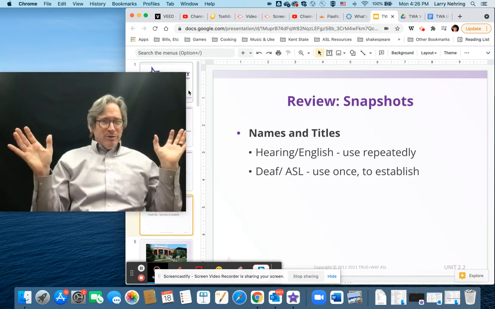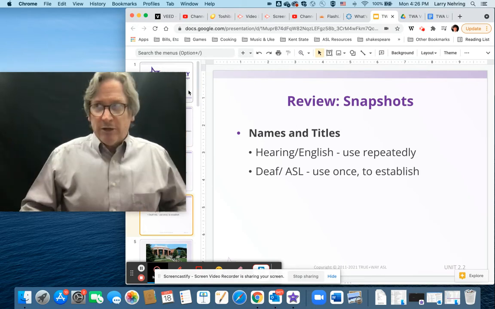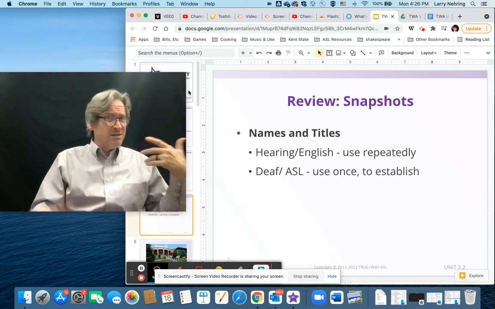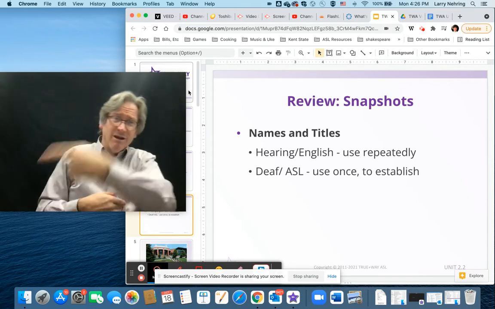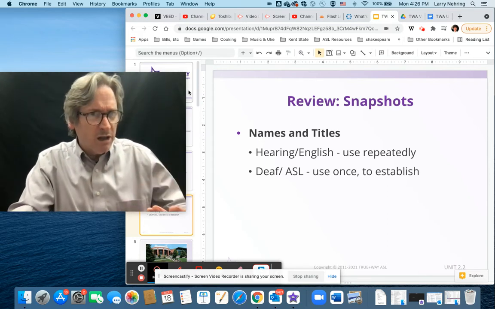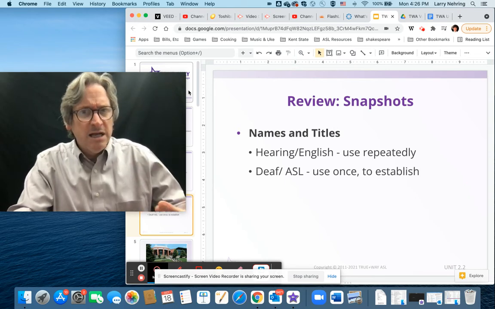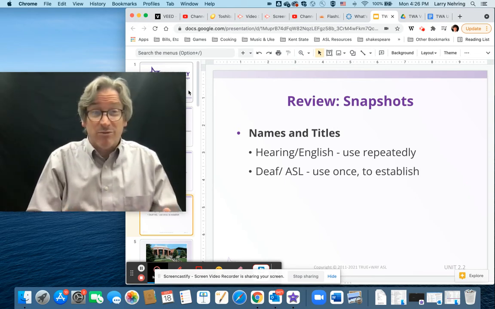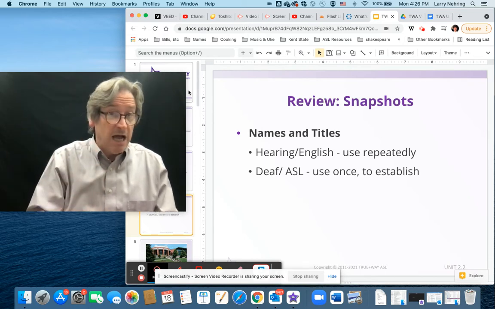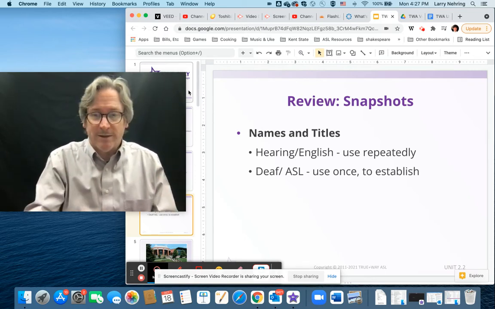We don't need to refer to it again unless we need to reiterate or emphasize it for some reason. Once we've said it once, we can just point: him, him, him. We've already gone over pronouns like that. This is just a continuation of that. We don't need to repeat names. You'll be fingerspelling a lot, and we're trying to avoid fingerspelling.